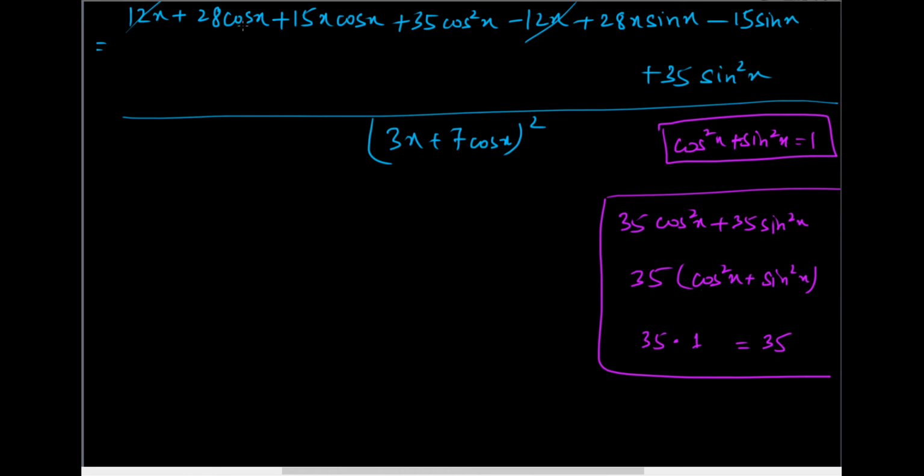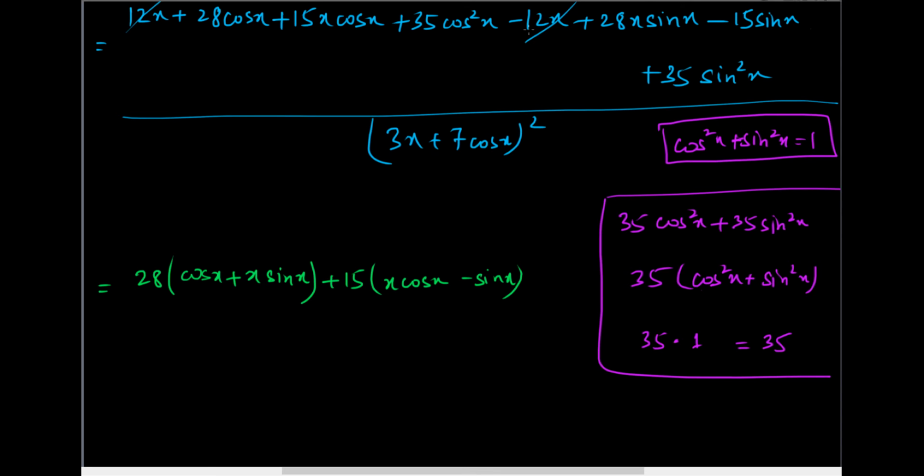So this will be 28 cos x plus 28 x sin x. We can take 28 as common, so that will be 28 times (cos x plus x sin x). And then similarly we can write 15x cos x plus minus 15 sin x. So we can take 15 as common, it will be 15 times (x cos x minus sin x).